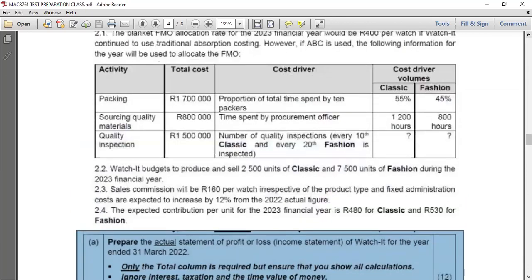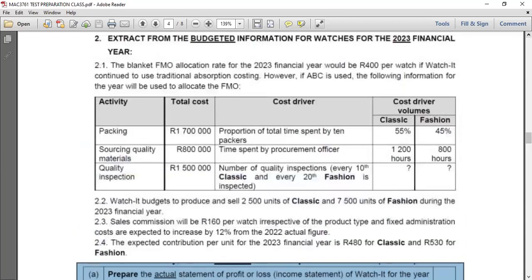Right, so here we're using the 2023 data. The blanket fixed manufacturing overhead allocation rate for the 2023 financial year would be 400 per watch if Watch It continued to use traditional costing. However, if ABC is used, the following information for the year will be used to allocate the fixed manufacturing overheads.